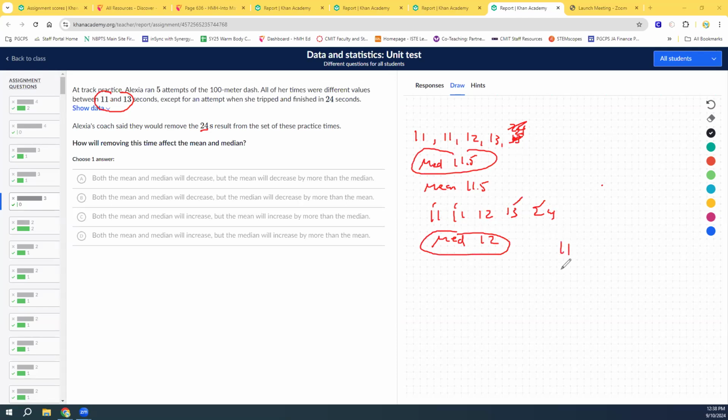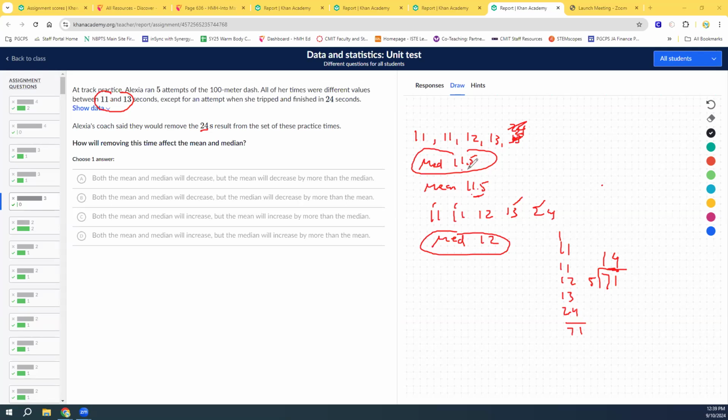But if you add up all the data points, at 1, 2, 4, 7, and then 11. 1, 2, 3, 4, 5, 6, 7, 71. 71 divided by 5 is now going to be about 14. So the mean was originally around 11.5 and it went to 14.